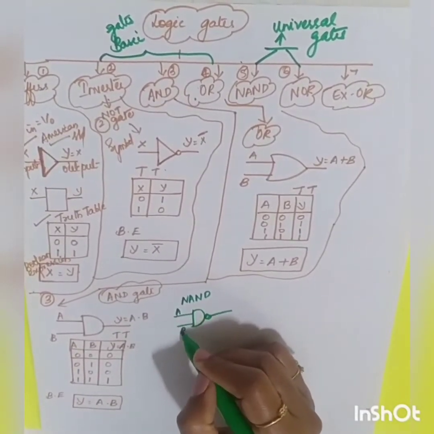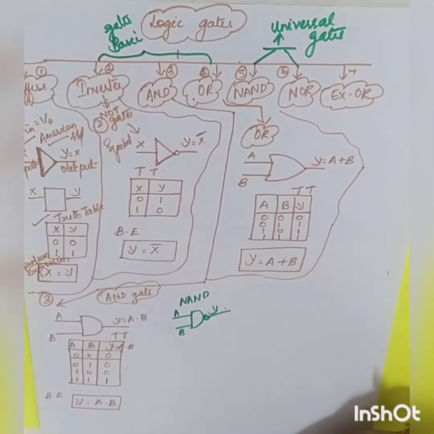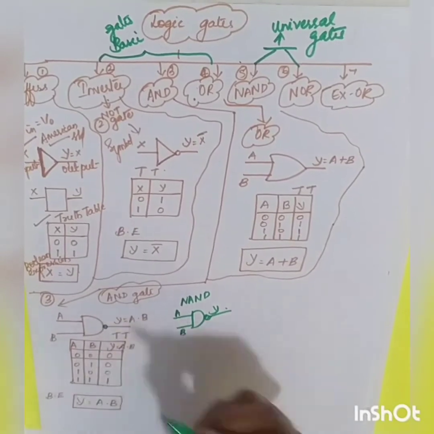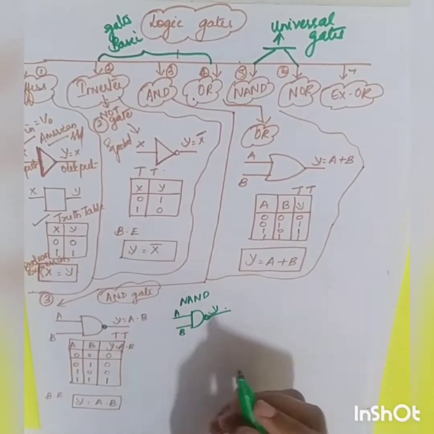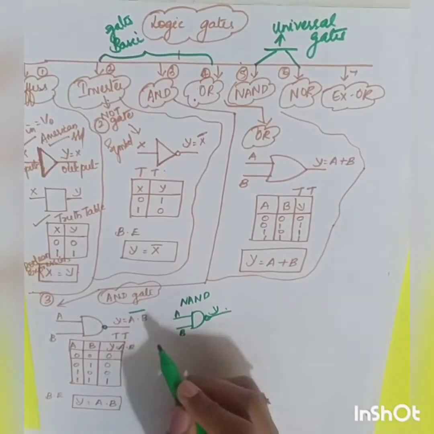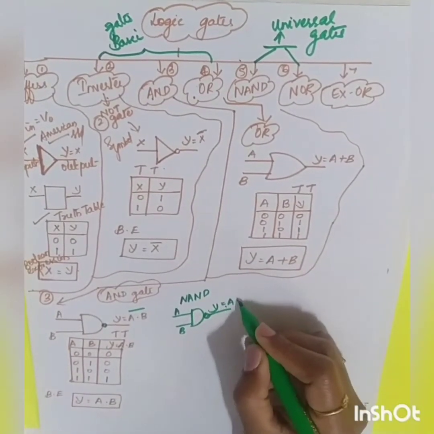A, B, this is the symbol of your AND gate. If I add a small circle, it is going to be your NAND gate. So the expression is A dot B, whole bar. So Y is equal to A dot B bar.